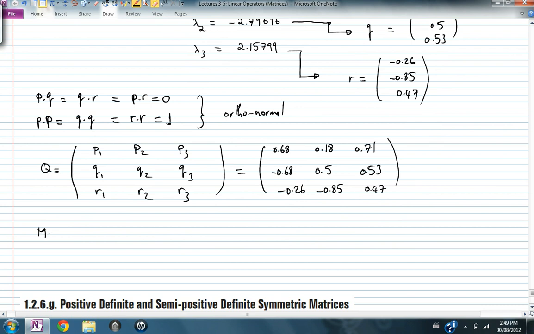We know what M is. M prime will be equal to Q M Q transpose. If you do this calculation, lo and behold, you get 4.640, negative 2.797, 0. You get a diagonal matrix. And what are the values of these diagonal components?